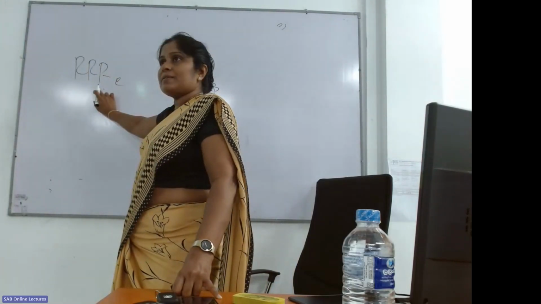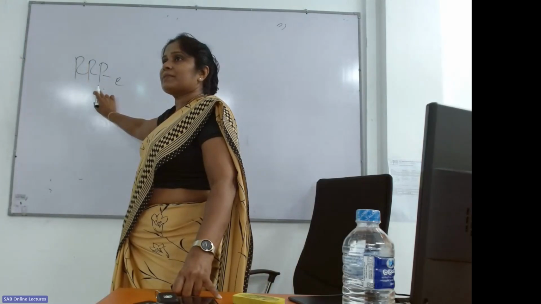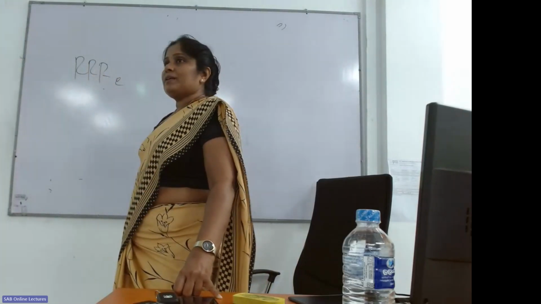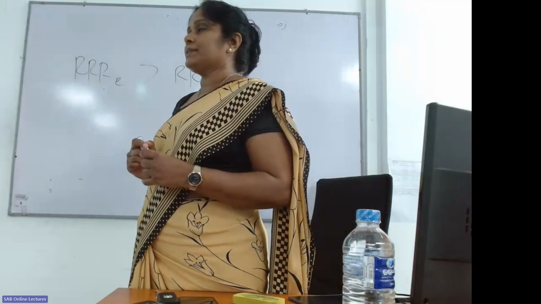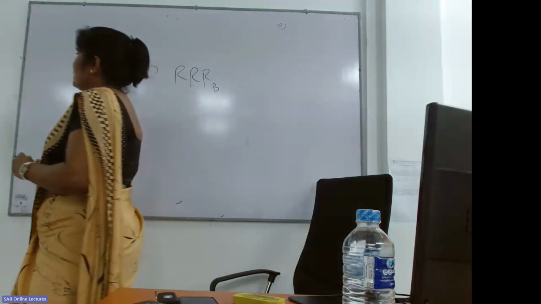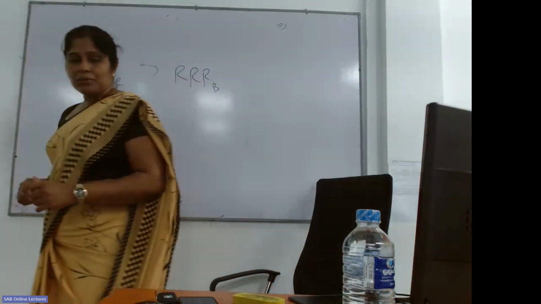Normally, the risk for equity shareholders compared to bondholders or debt capital providers is high. Therefore, their required rate of return should be greater than the required rate of return for the bondholders. I think I explained this. So now we can calculate the intrinsic value.